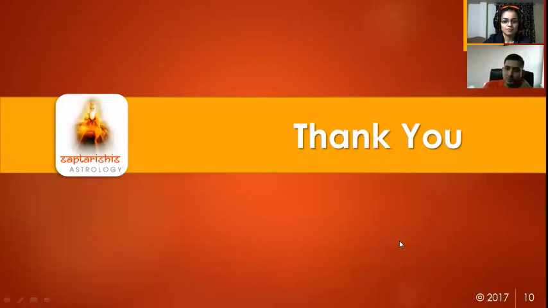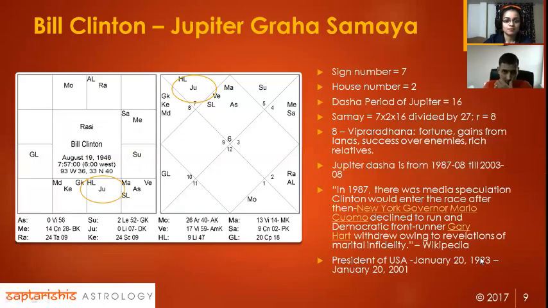Sure. Now, if you go to Bill Clinton's chart. Just a second. At the time when he became the president of USA, he was running Mahadasha of Jupiter and Antardasha of Sun.